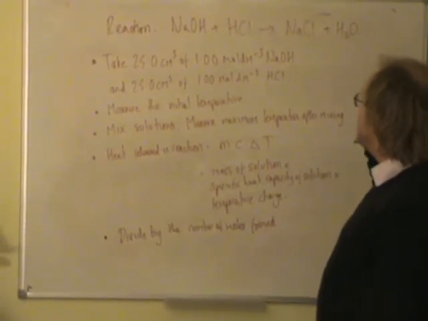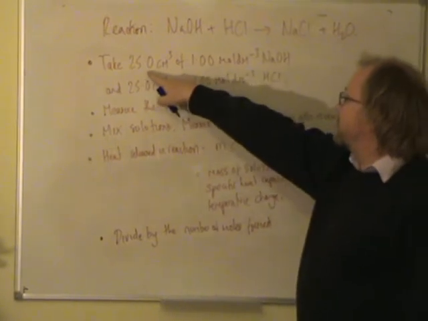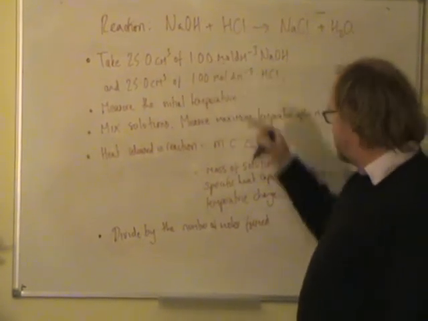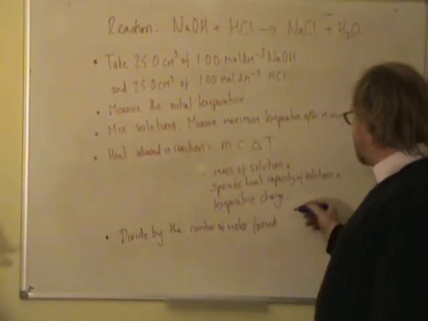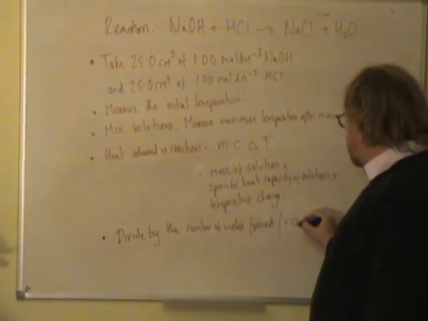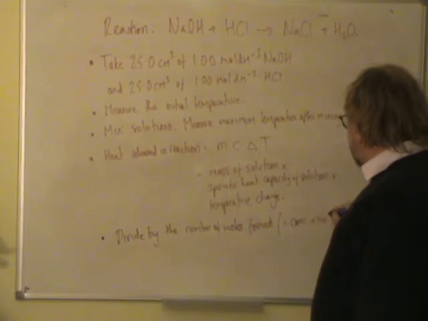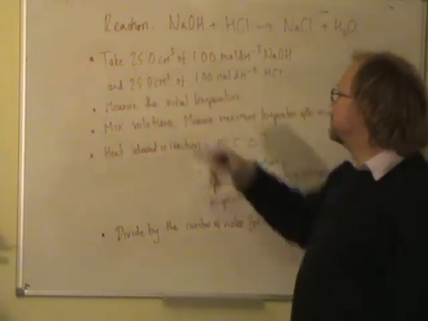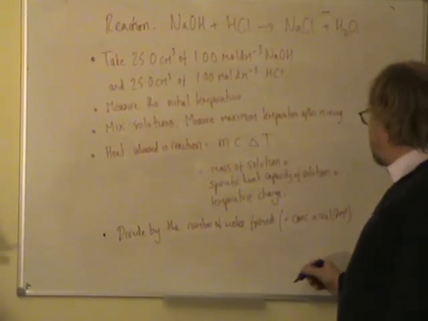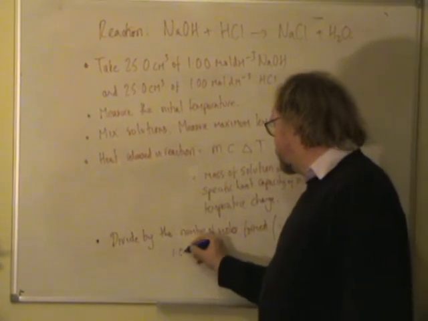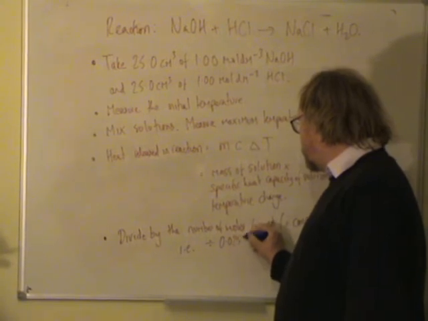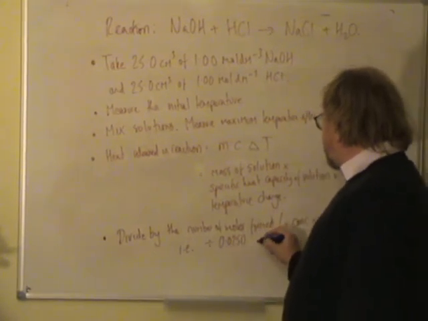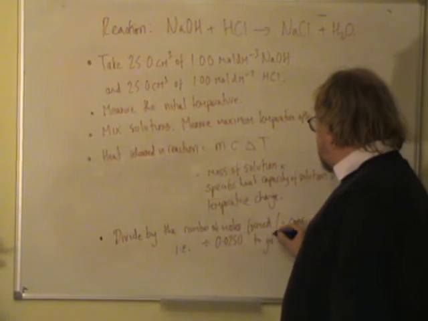And you can see that we've got moles as concentration times volume for the moles of NaOH, which will be the same as the moles of H2O. So that's equal to concentration times volume in dm cubed, which is 1 times 0.025. In other words, we divide by 0.025 to get the energy change per mole.